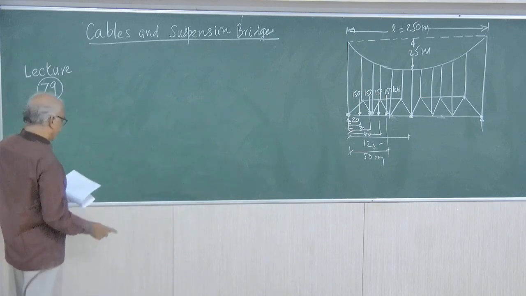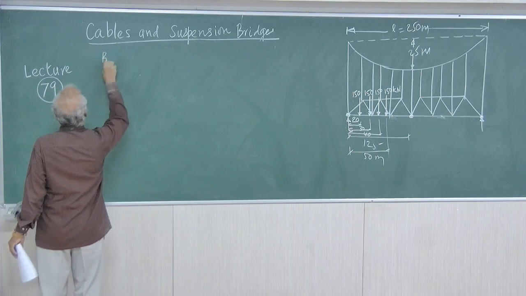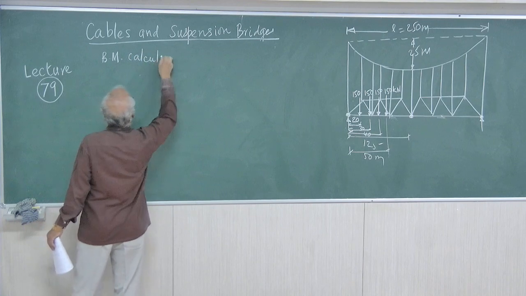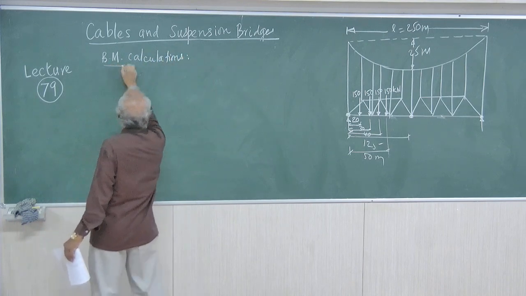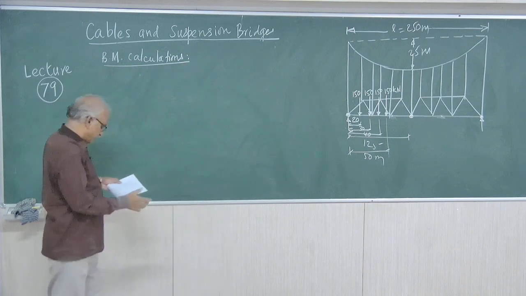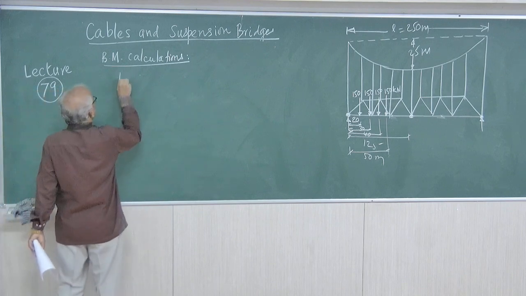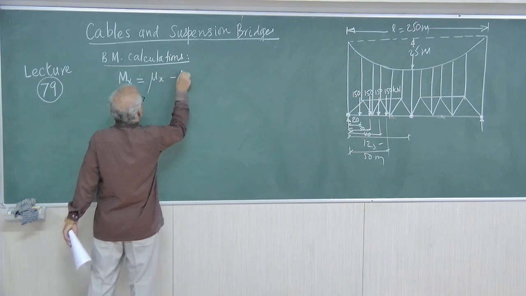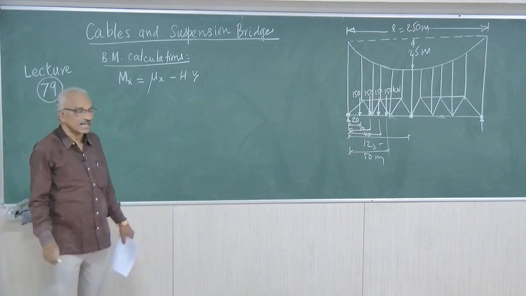Let us first do the bending moment calculations. We know the bending moment at any section X is given by Mu X minus H into Y. H into Y, or H into D in the case of cables.